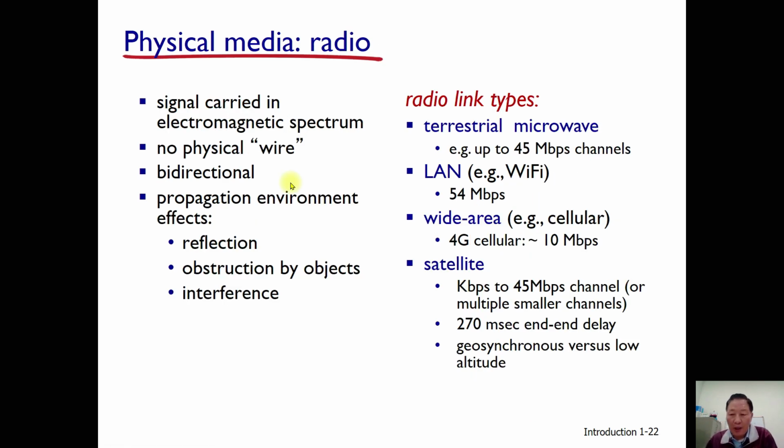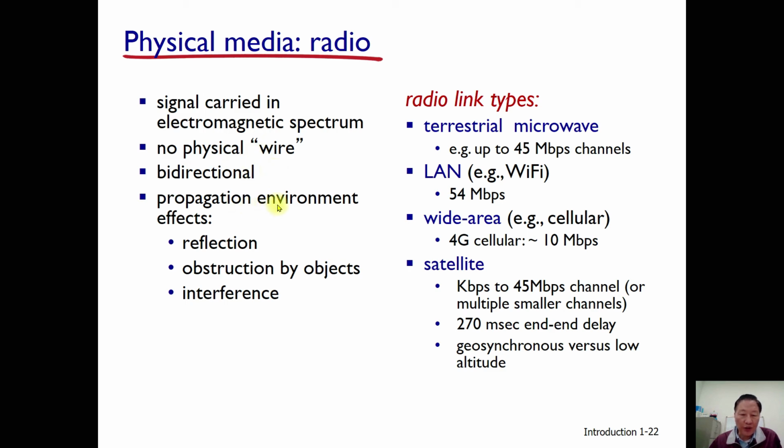This one is probably the last slide in this subchapter 1.2 about the physical media. This one is finally introduced, radio. Here we are just using free air, and this signal is being transmitted freely through the air, and this is radio signal. Signal carried in the electromagnetic spectrum, no physical wire, and bidirectional.